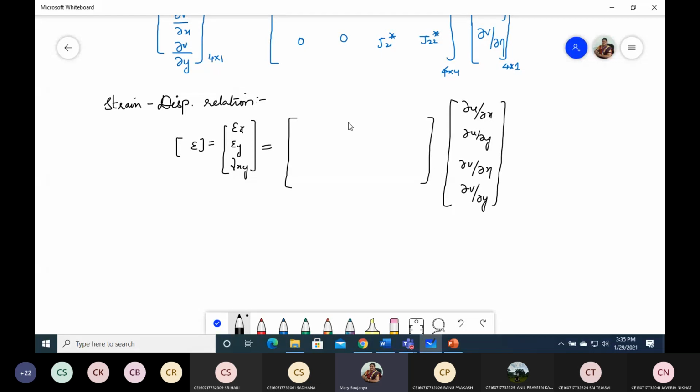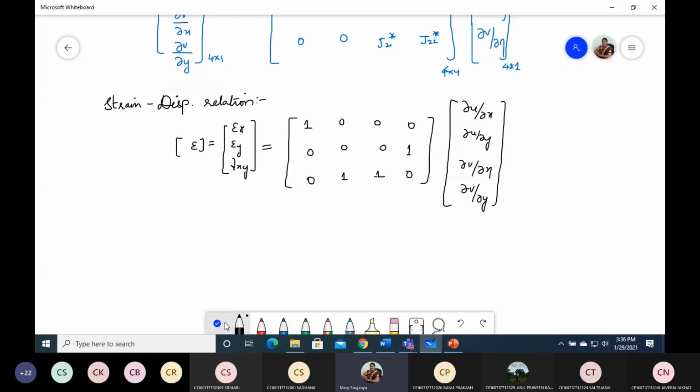You can check this equation from the previous classes. The matrix is 1 0 0 0, 0 0 0 1, 0 1 1 0.